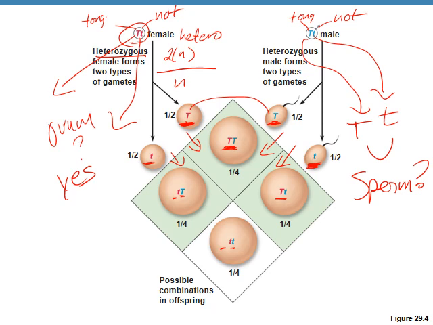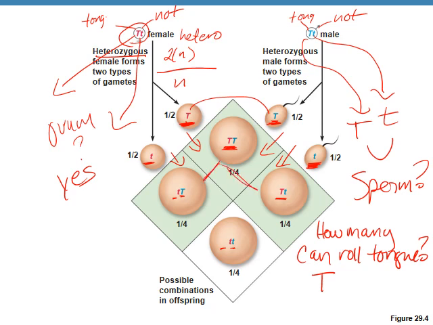So what they're trying to show you with the shading is how many can roll their tongue. What do you need to roll your tongue? You just need a big T. How many of them have a big T? 3 out of 4.